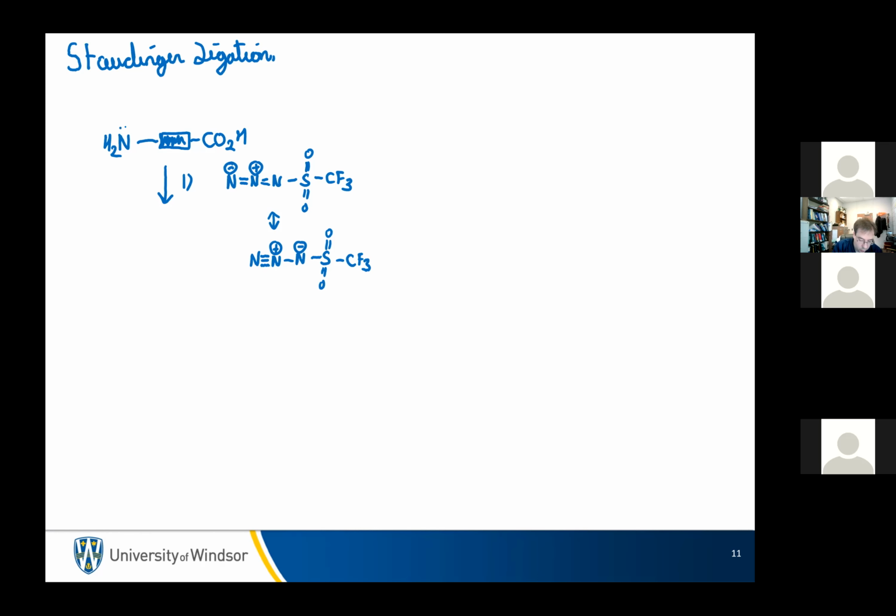And so it's kind of a weird reaction in that, for the sake of argument, this isn't actually the case, but it'll make us all a little bit more comfortable with the arrows I'm going to draw. Going to deprotonate that carboxylic acid.